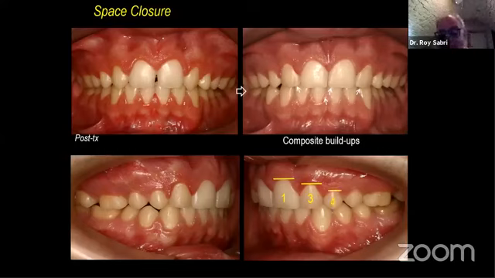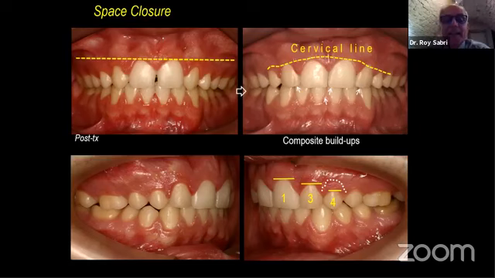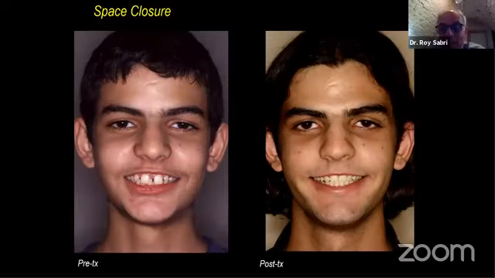But the problem is here. So our option now is to do crown lengthening, or before doing that, I want to look, see, my cervical line is not straight like it should be. But this particular patient has something we call a reversed upper lip line.